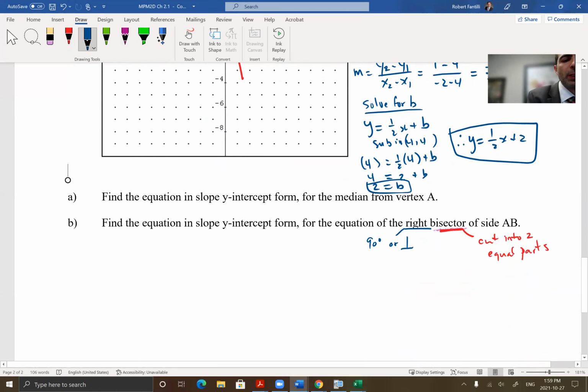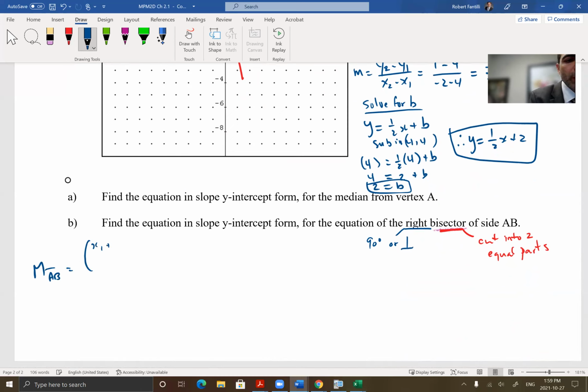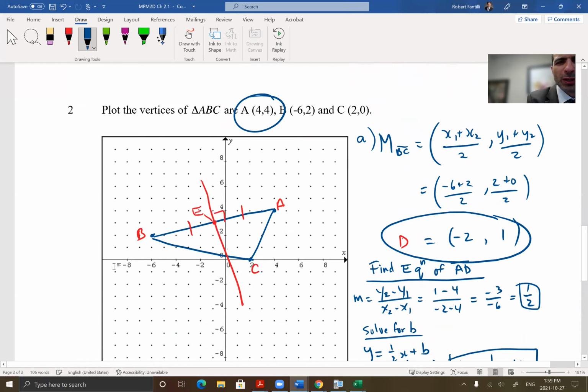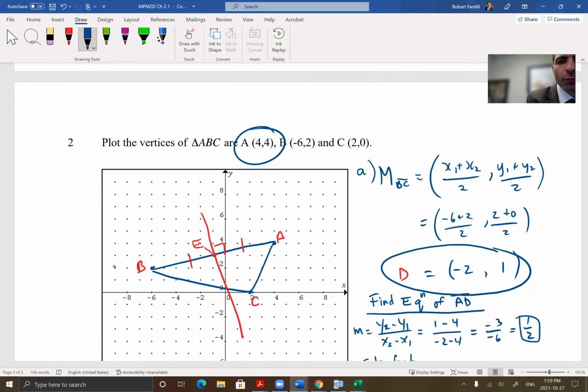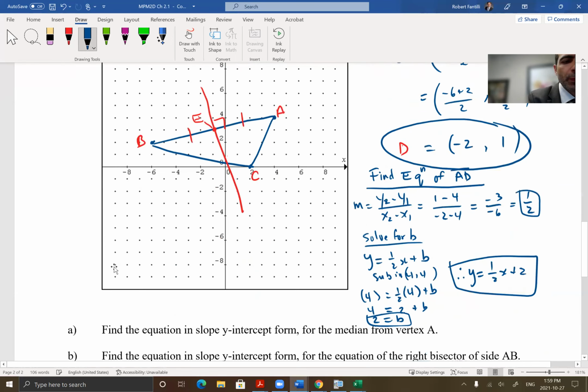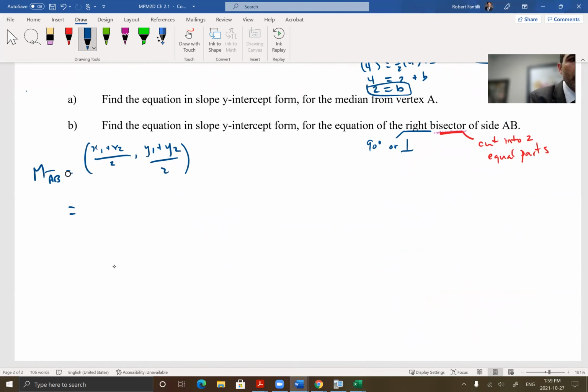First thing I'm going to do is find the midpoint of line AB. Back to this formula: x1 plus x2 divided by 2, y1 plus y2 divided by 2. I don't remember the coordinates off by heart. A was 4, 4 and B was negative 6, 2. Sometimes I like to park them over here.